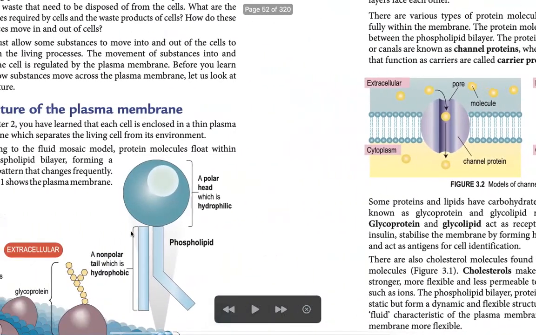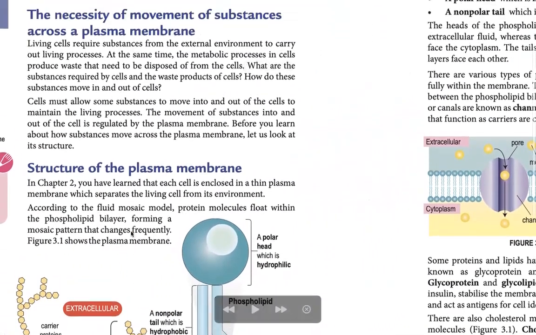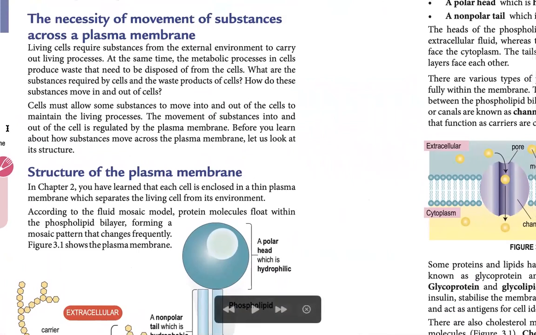So just now, you have to know what is the function of plasma membrane. Plasma membrane fungsi dia apa? Fungsi dia adalah to allow some substance move into and out of the cell. Okay, I repeat again.